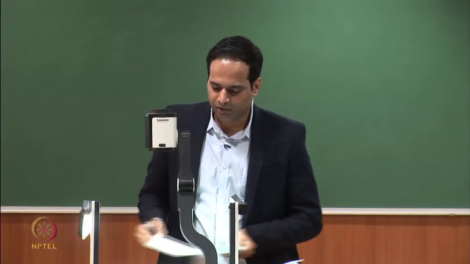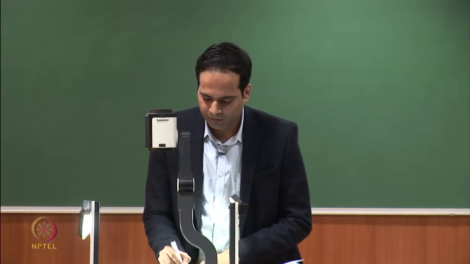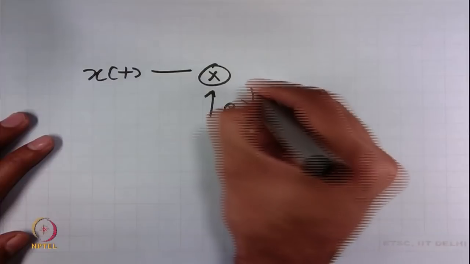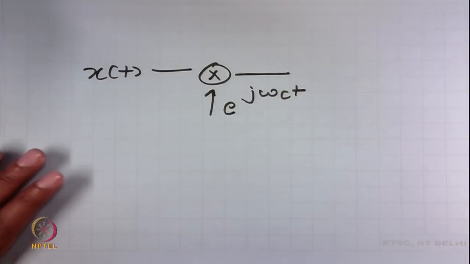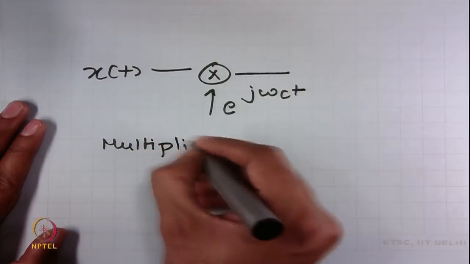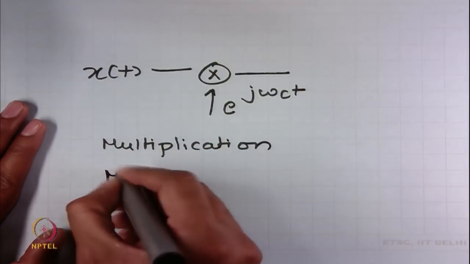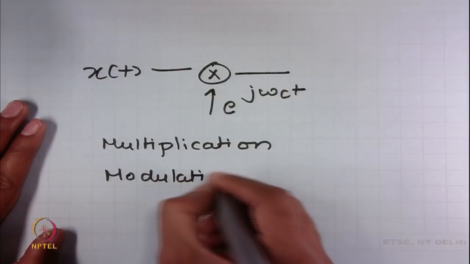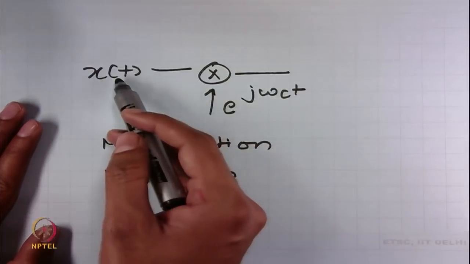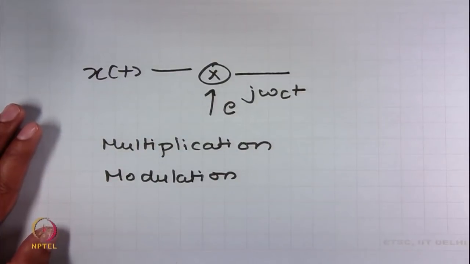Now, some notations. This multiplication of a signal with e^{jω_c t} is referred to as multiplication, of course, but this is also known as modulation, and this is confusing because we define modulation as the process of converting this binary sequence into waveforms. And now we are saying that modulation is also multiplying the baseband signal with a rotating complex exponential.